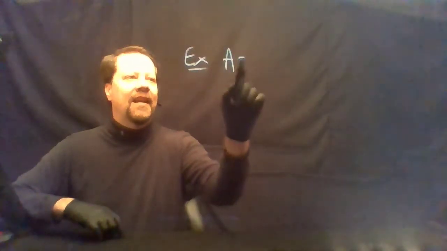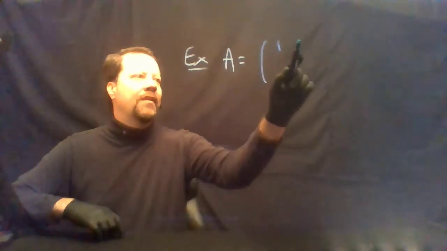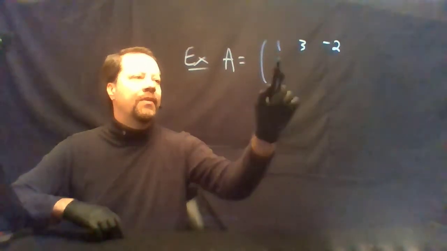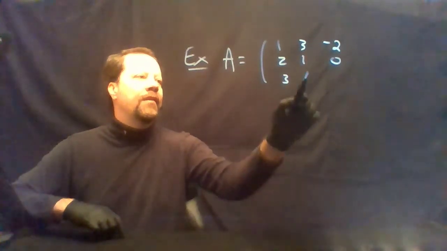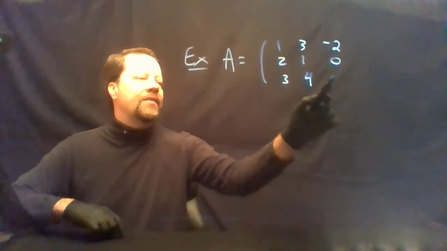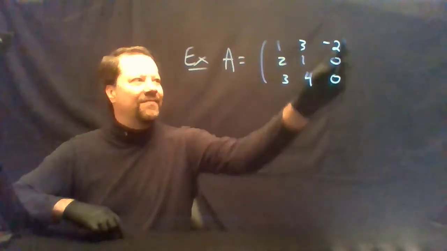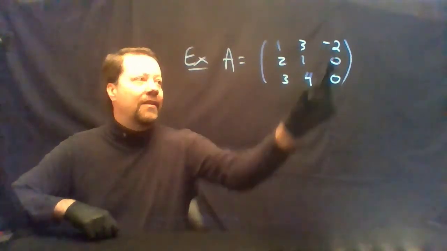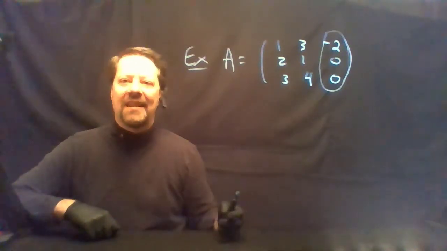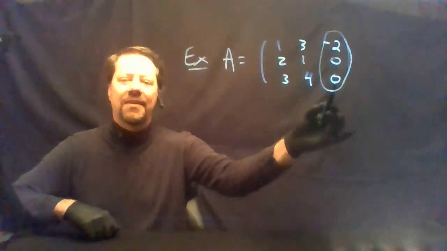Suppose, for example, that A is the matrix [1, 3, -2; 2, 1, 0; 3, 4, 0]. It's to our advantage to do an expansion around the last column because of all those zeros.